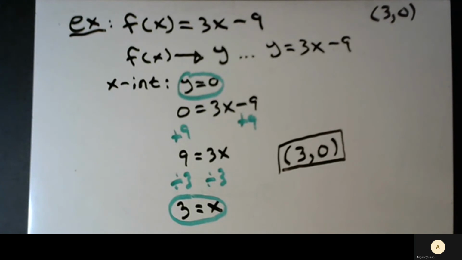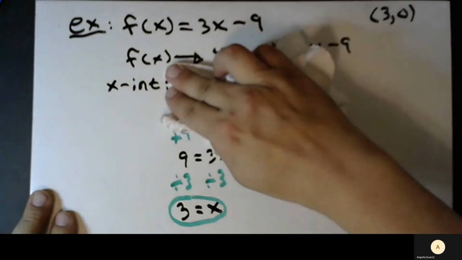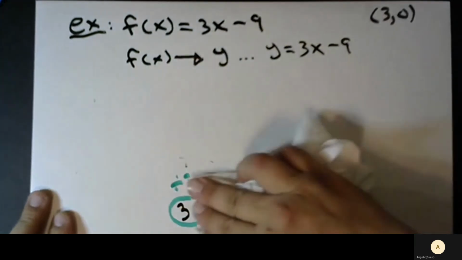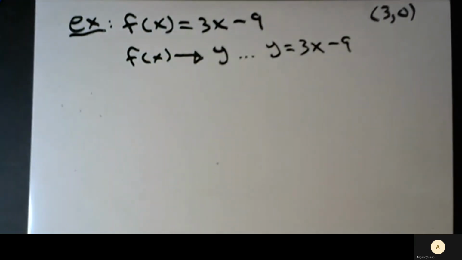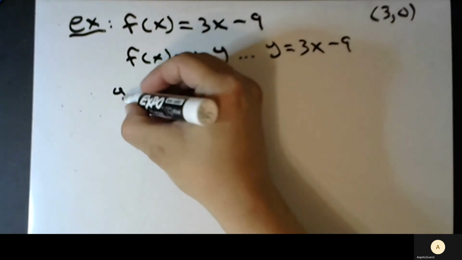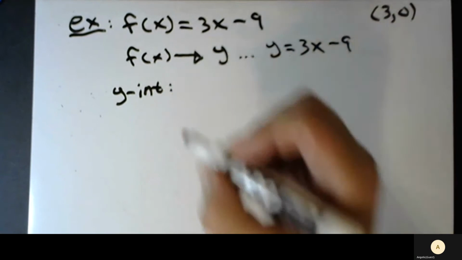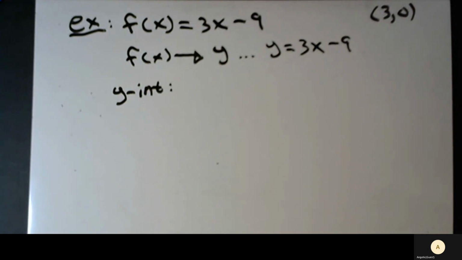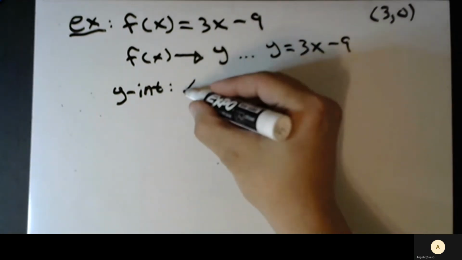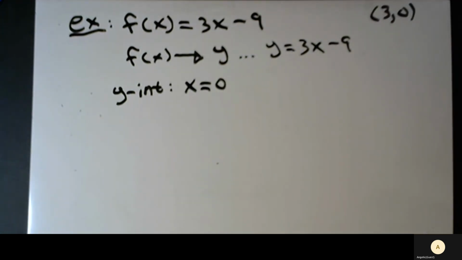All right. So now we need to find the y-intercept. So again, I'll abbreviate intercept. Now for the y-intercept, we start out with x being 0. That's our first step.